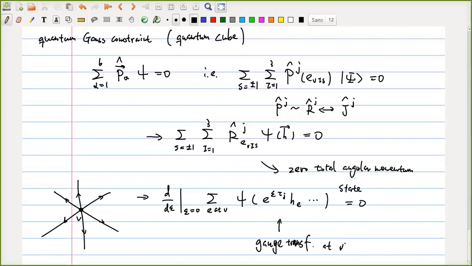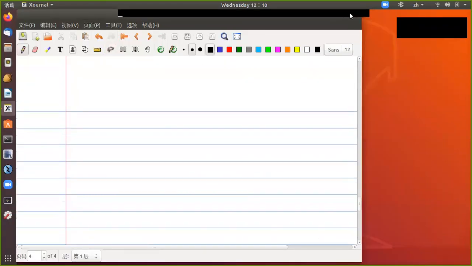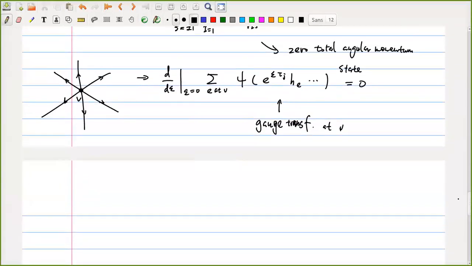Clearly this equation is solved by gauge invariant wave functions, because you are taking the derivative of the gauge parameter of a gauge transformation, and the solution of this equation is a gauge invariant wave function.